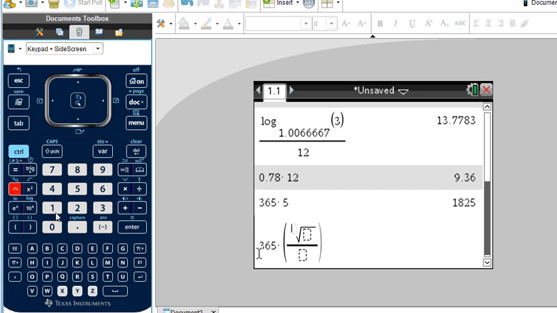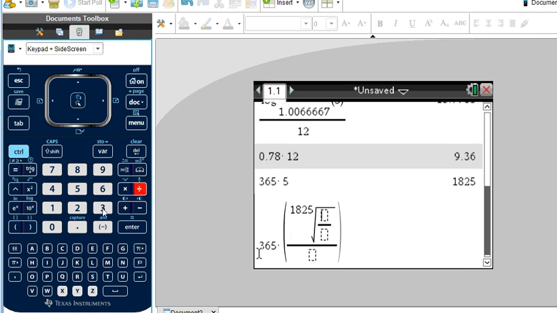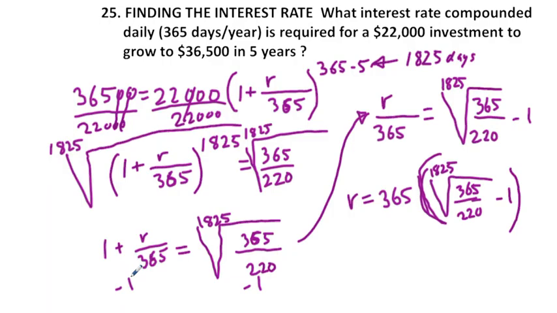The root, 1,825, fifth root of, we get this 365 divided by 220. Let's make sure I get this right here. And we have minus 1.